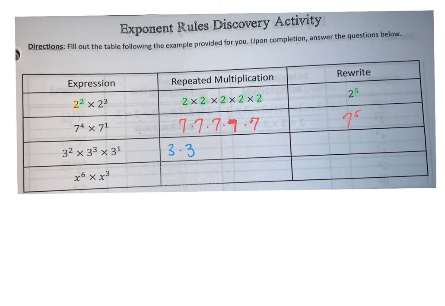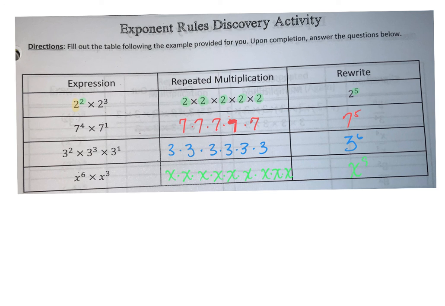Well, we have 2 3's here, 3 3's here, and then 1 3. How many 3's did I end up with? 6. And then for this last one, I had 6 x's, and then I had 3 x's. How many x's did I end up with?